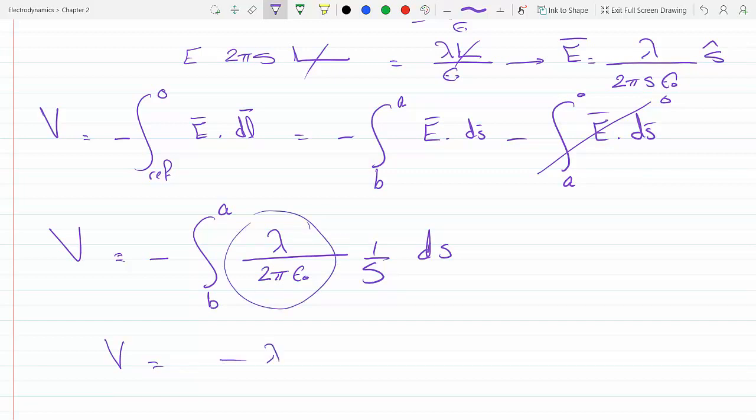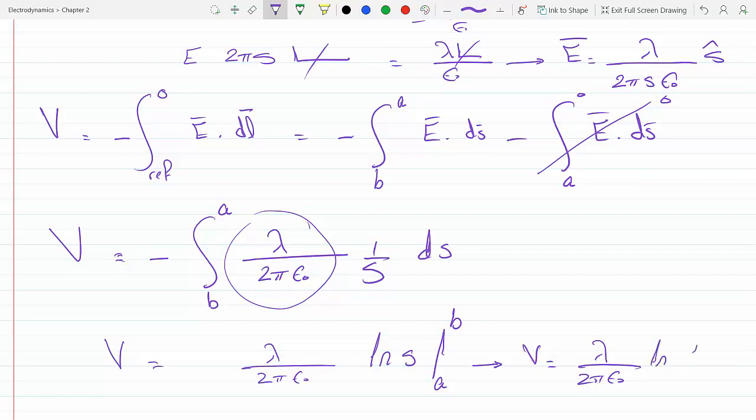So this is minus lambda over 2 pi epsilon times the integral of 1 over S dS, which will be ln S from B to A. Or if I want, I could switch the bounds of the integral at the cost of this minus sign, so I can make it A to B. And obviously this becomes lambda over 2 pi epsilon, ln B minus ln A, which would be ln B over A.